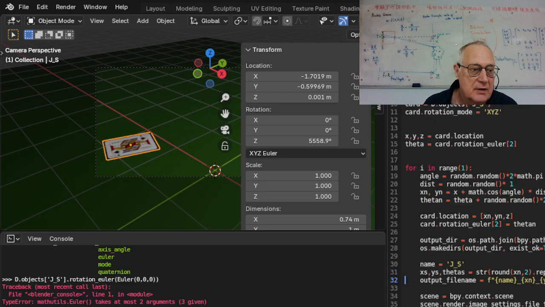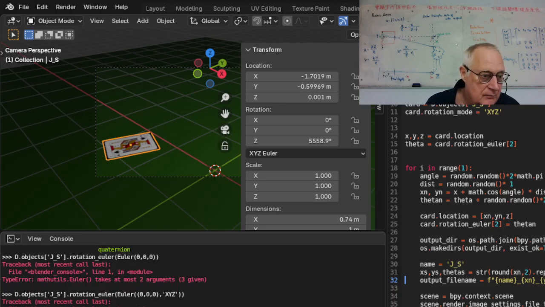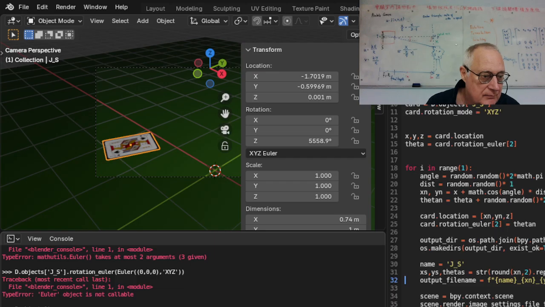Let me just try that. Round 1.234 2. Replace the dot with the underscore.